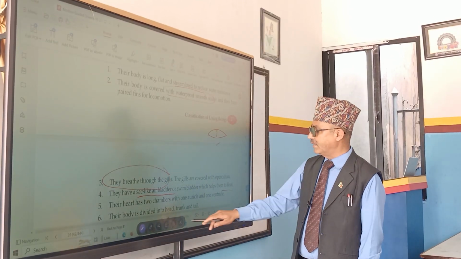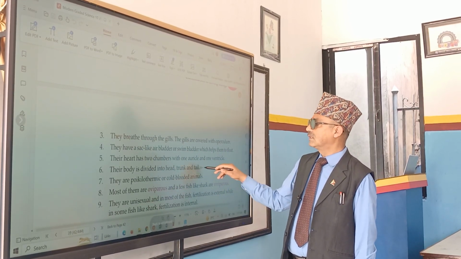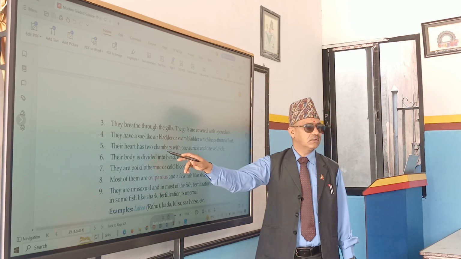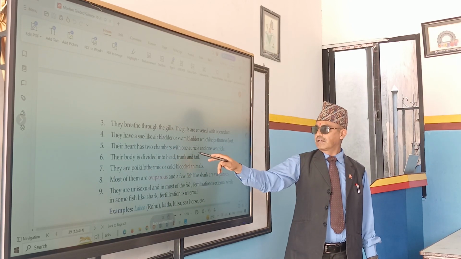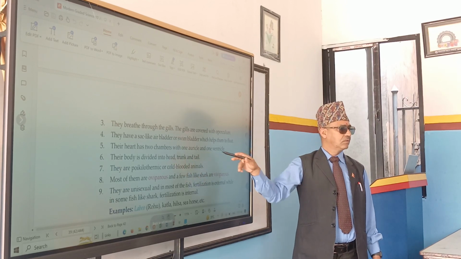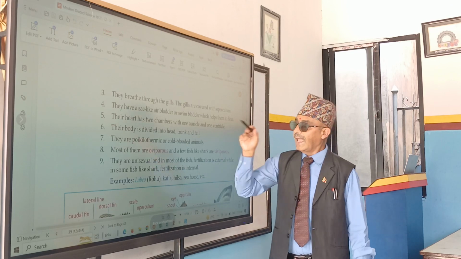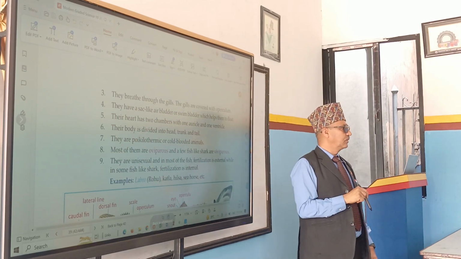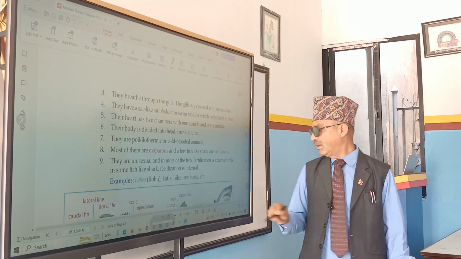And if you want to say the chambers in the heart, how many chambers are there? Two chambers. What are the two chambers? One auricle and one ventricle. Another characteristic is also there. They are oviparous. What do you mean by oviparous?